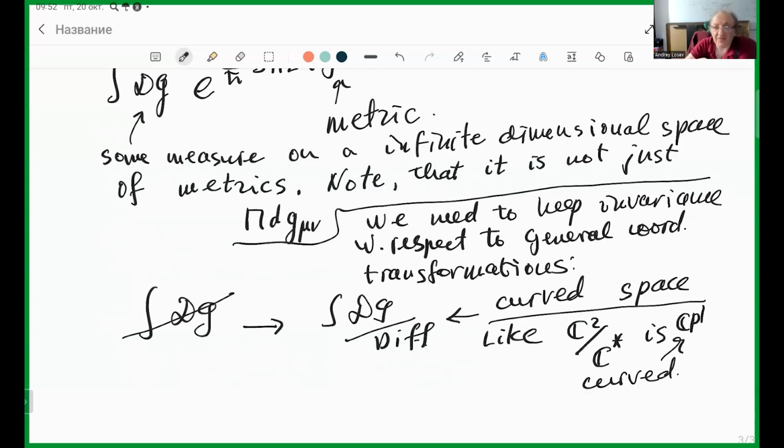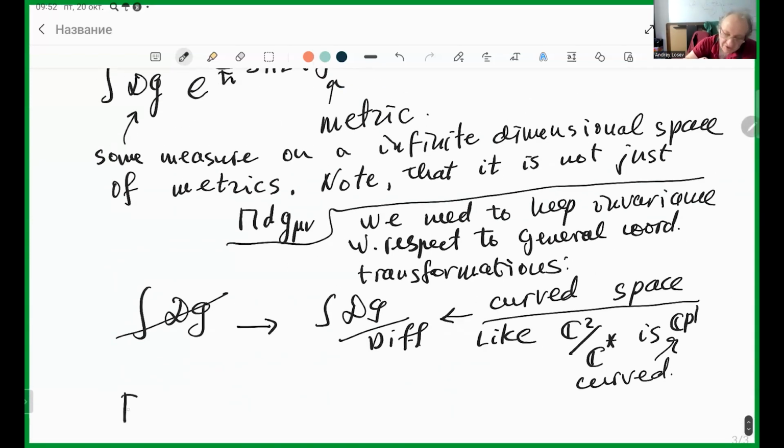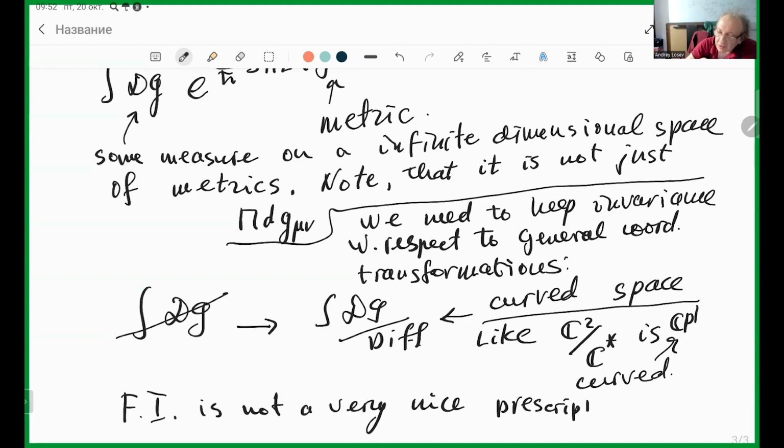And of course, we will have peculiarities in the functional integral. So I just want to say that the functional integral is not a very nice prescription. Actually, I'm having a seminar in Russia about it. But here I just want to make this remark.